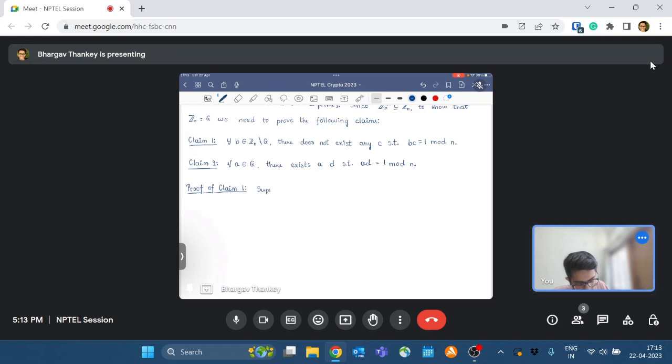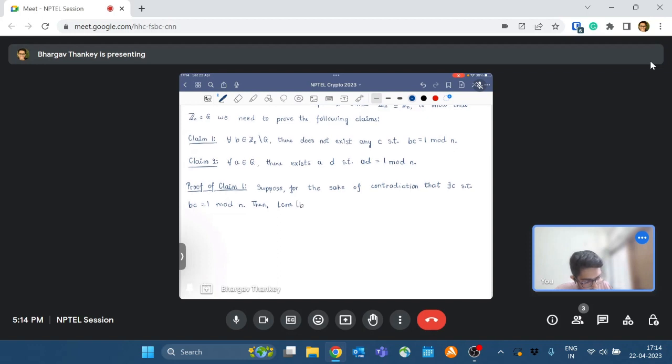Suppose for a second. Now the LCM of b comma n is a common multiple of both b and n. So it is obviously divisible by n.